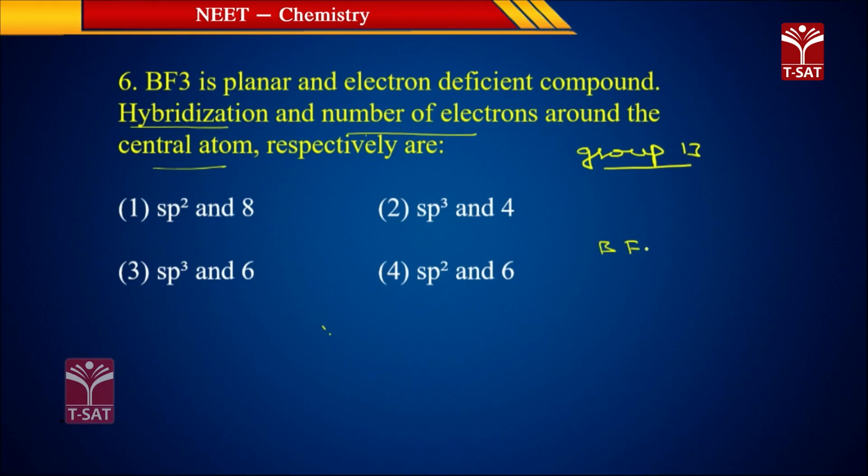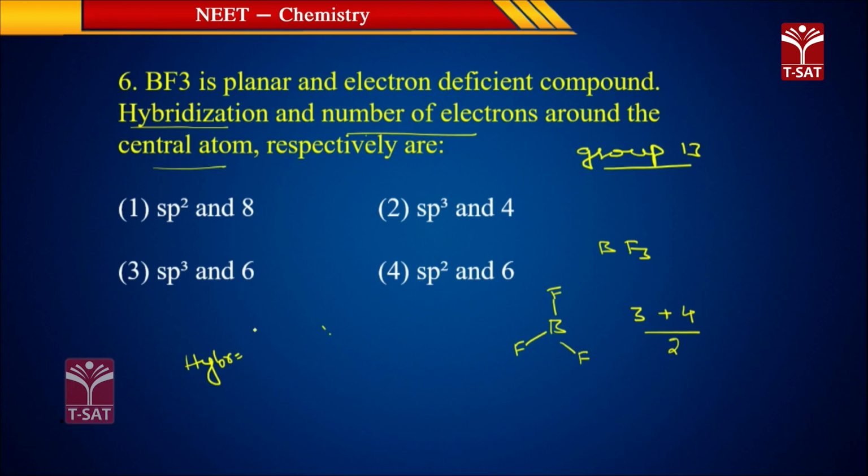How can you find out the hybridization? You can write its structure, fluorine, fluorine, fluorine. How can you calculate hybridization? I am writing the formula here, it is very important, all of you should know it.